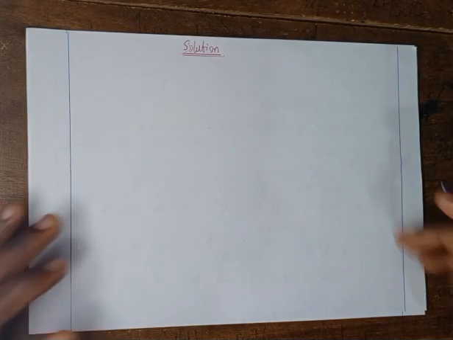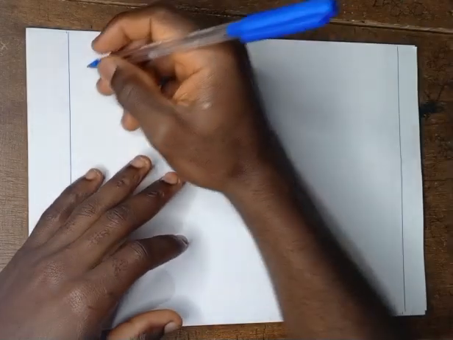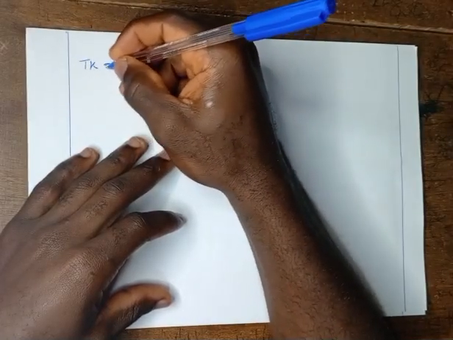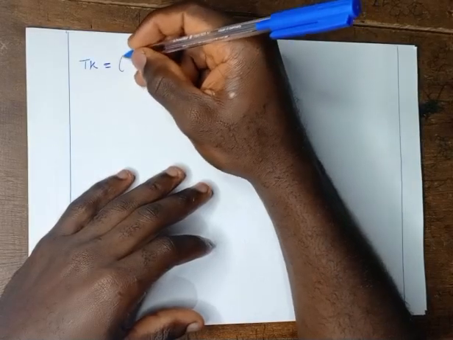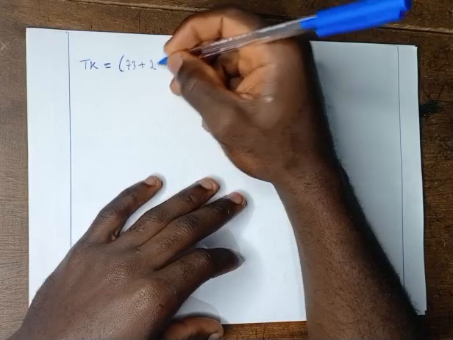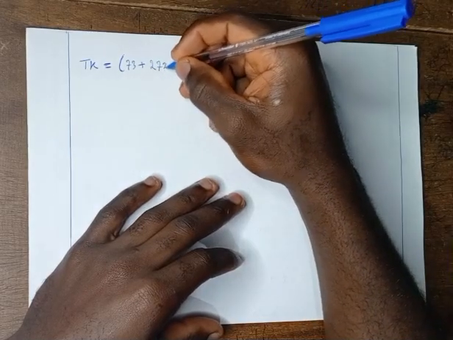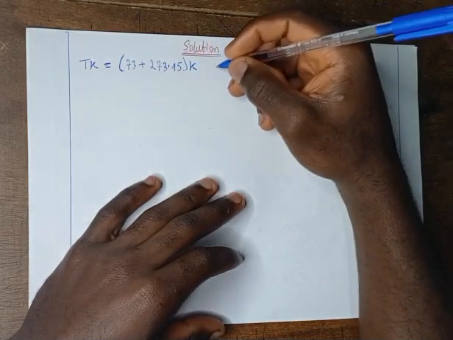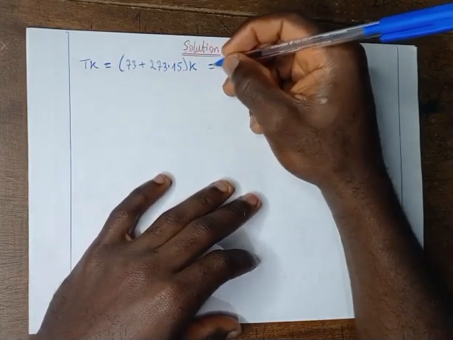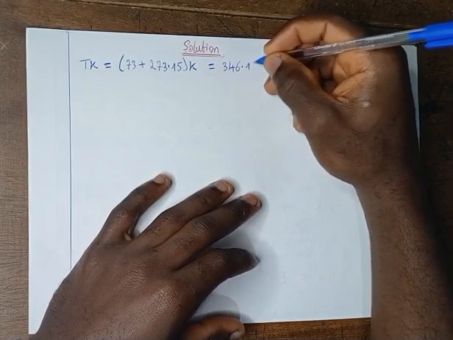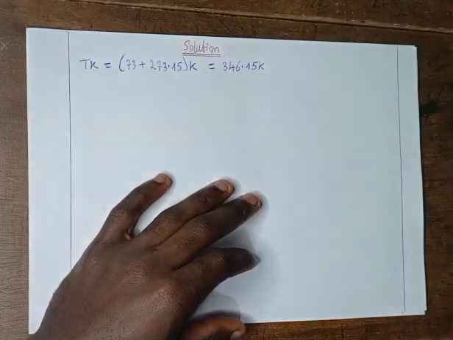We are going to make use of that formula above. The temperature in Kelvin will simply be equal to, we know that the value of the temperature in degrees Celsius is 73. So 73 plus 273.15. The unit will simply be Kelvin. This will simply be equal to 346.15 Kelvin. This is the result.